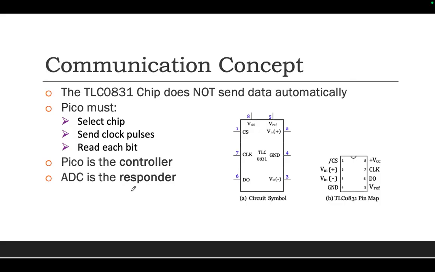And then the Pico will send a clock pulse, which means I'll give you a clock signal, and it determines when I will read the data. After the Pico tells the TLC0831, it will give the data to the Pico, and the Pico will read each bit. Yeah. In this process, the Pico is the controller, the ADC is the responder.